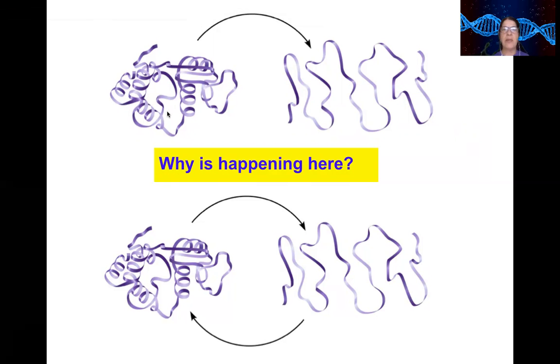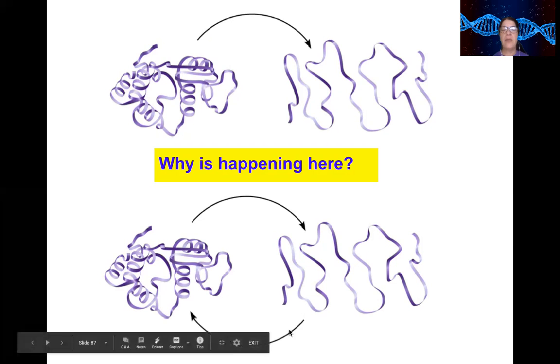It is in a 3D shape that is now partially, or you can even say completely, unfolded. So this is the denatured protein. The protein is denatured. It has lost its shape. Same thing happening down below, but now this arrow here shows that this denatured protein can actually fold back into its native shape.